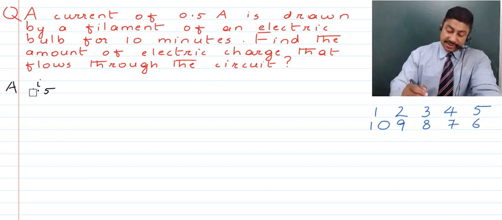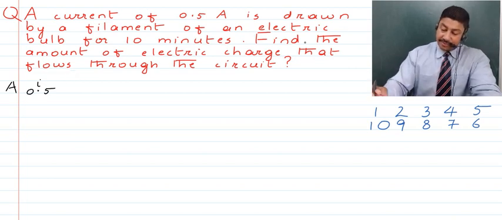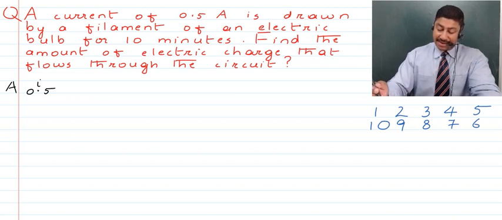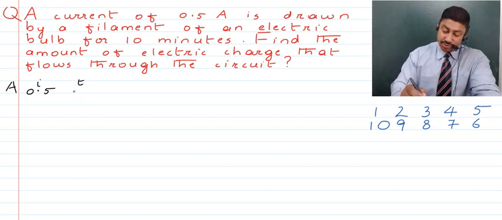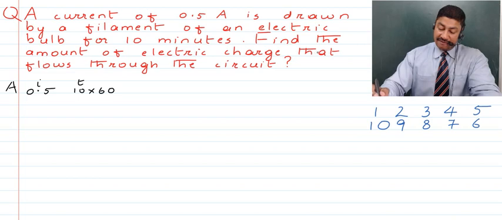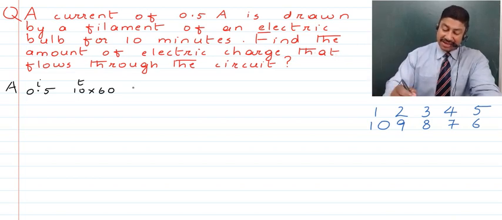After this, you've been given that the current is drawn by a filament of an electric bulb for 10 minutes. So the time has been given to you to be 10 into 60. This is in seconds now. Find the amount of electric charge that flows through the circuit. So you've got to find the amount of the electric charge. So Q is something that you've got to find out in this question.